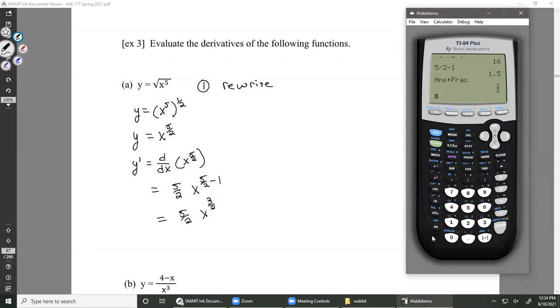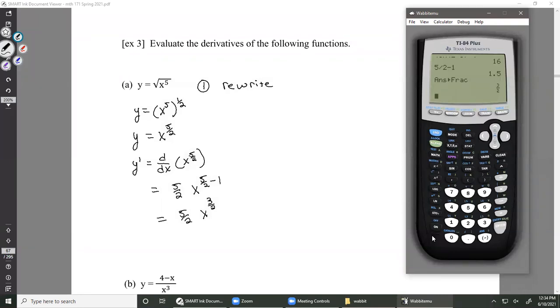In Calc 2, I often get a lot of people asking, how did you do 5/2 minus 1? It's like, in my calculator. I'm teaching you guys to do mathematics and not be calculators, is kind of the joke that I always like to say. If you have a calculator that can do it, then use that.